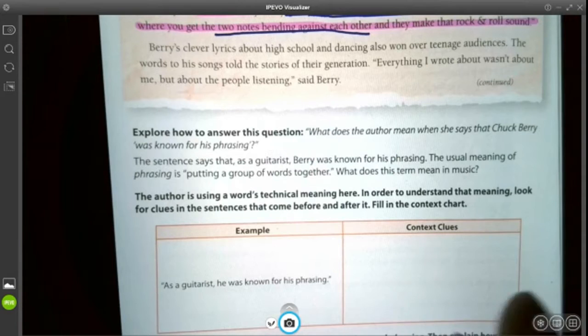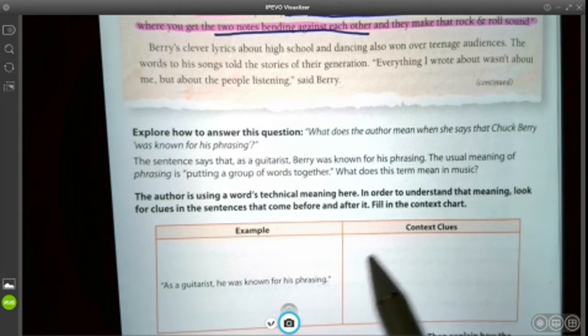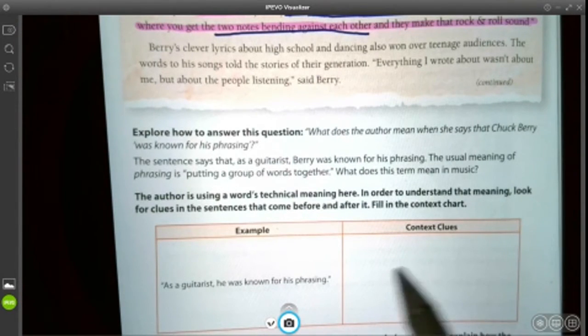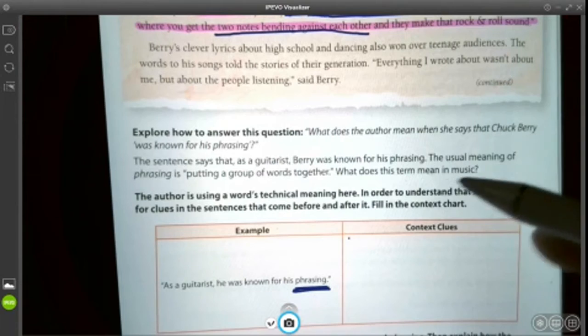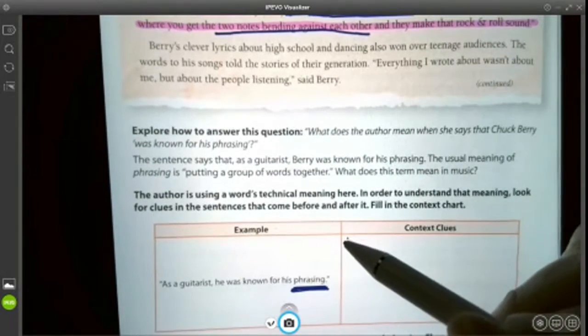So in my example, I would literally put a quote from the book or from an article. If you choose to read an article, I'm going to give you lots of resources where you could choose an article. But I'm looking for the meaning of the word phrasing. My context clues would be quotations that I can get from the text.